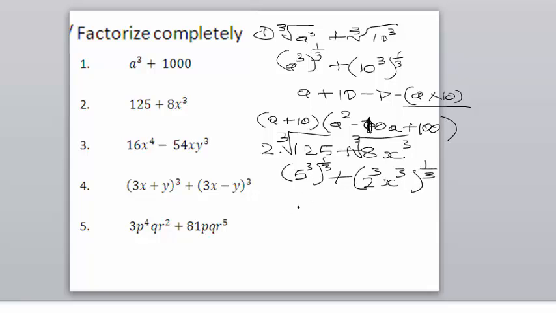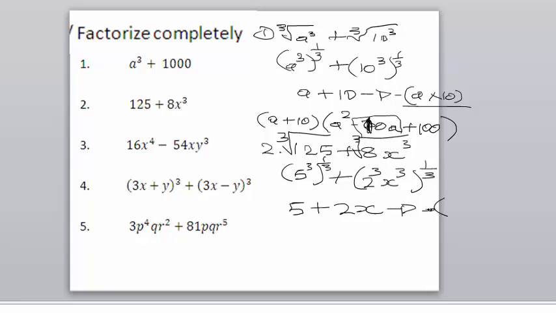So clearly here we'll have 5 plus 2x. That's how it goes. Like I said, I like using this to ensure that I get this middle number before I even start calculating it.